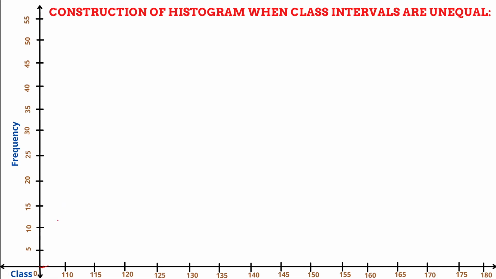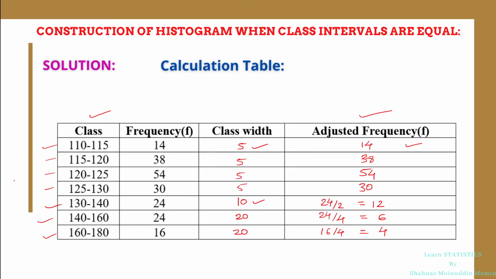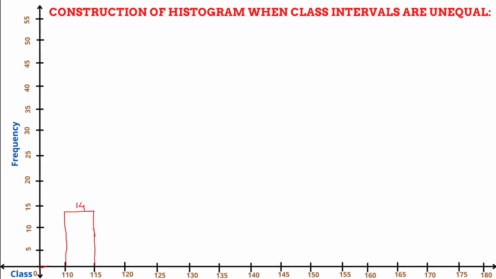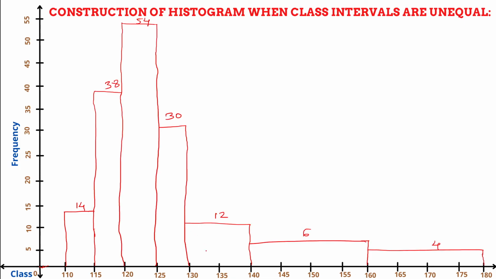I will draw it. This is the rectangle for class interval 110 to 115 having frequency 14. Similarly, for the next class, 115 to 120, the adjusted frequency is 38. For the class 120 to 125, the height of the rectangle is 54.